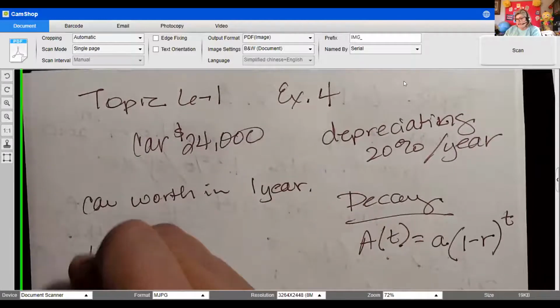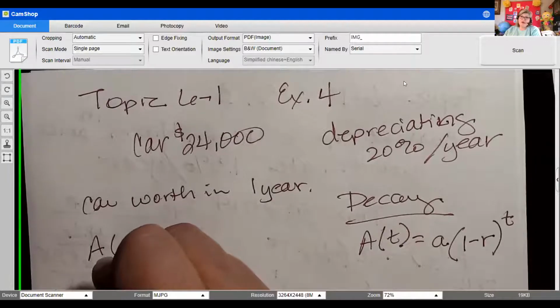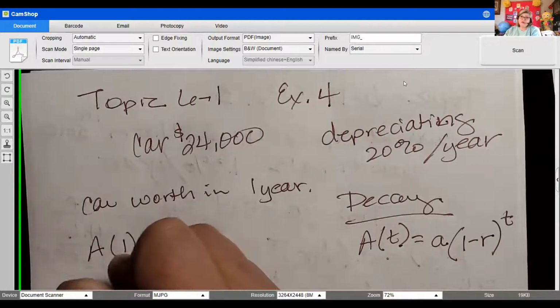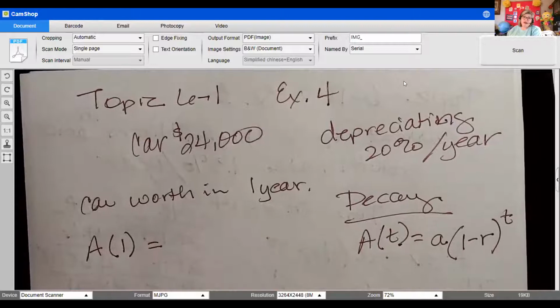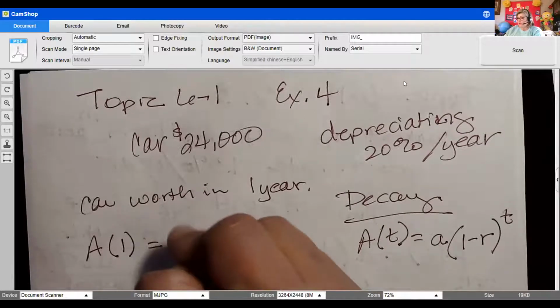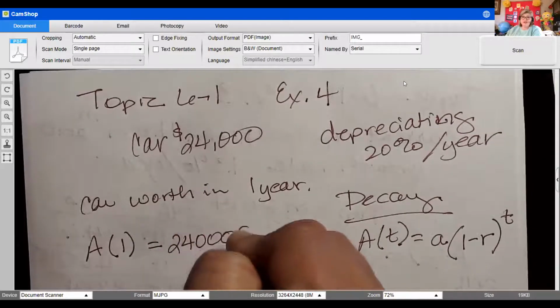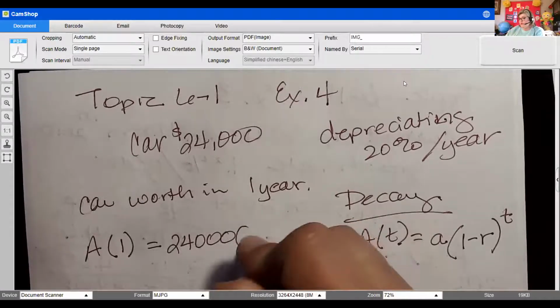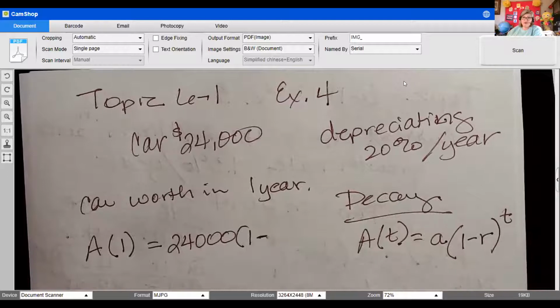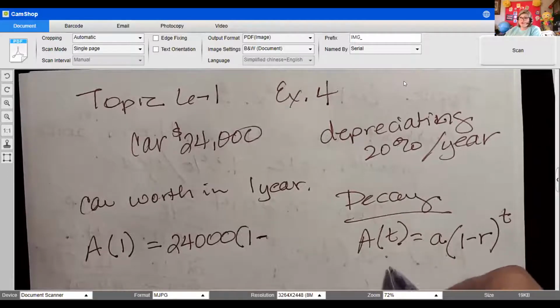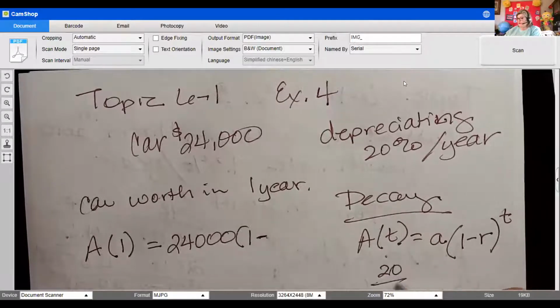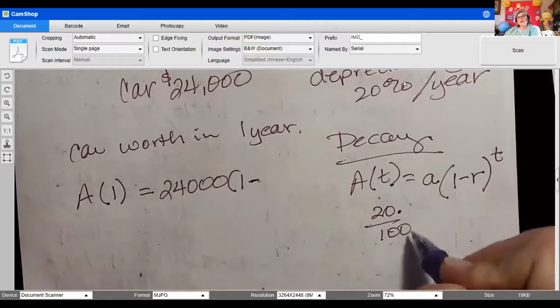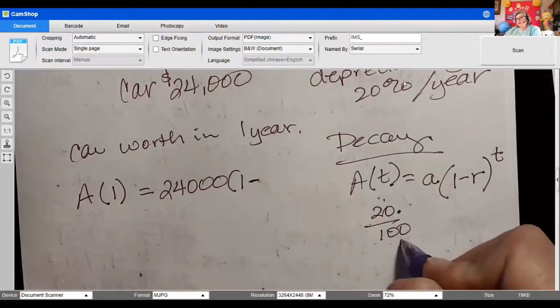To calculate how much your car is worth in 1 year, we're going 1 year in the future, and we have 24,000, which was our initial amount that we paid for the car, times 1 minus that 20%. But remember, we have to convert that to a decimal. 20% as a decimal is 20 over 100.